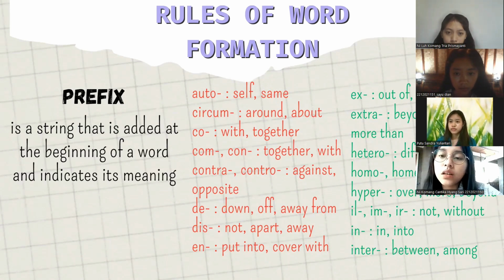Ex means out of, from, former. Extra means beyond, outside, more than. Hetero means different, others. Homo or homeo means same, alike. Hyper means over, more, beyond.